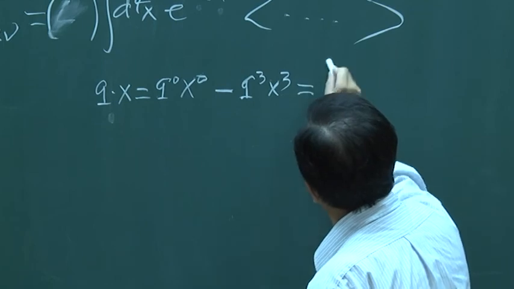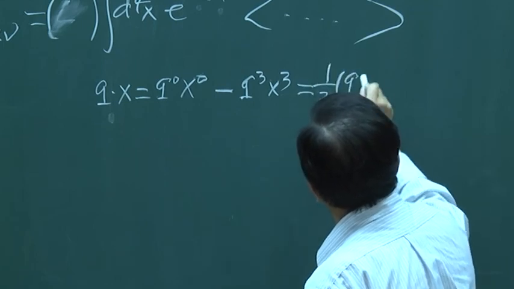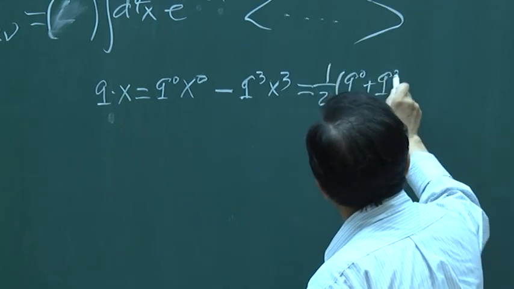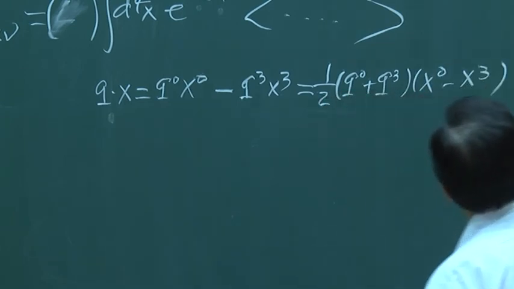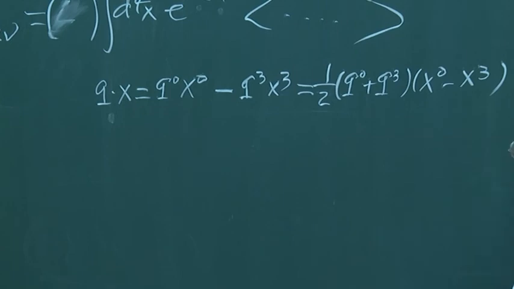Now you can write this as 1/2 (Q0 plus Q3) times (x0 minus x3), plus 1/2 (Q0 minus Q3) times (x0 plus x3).